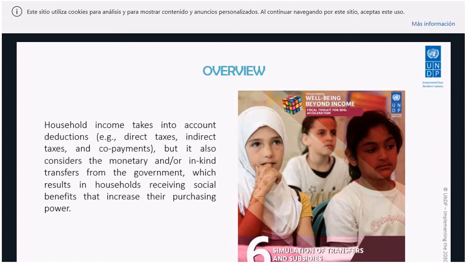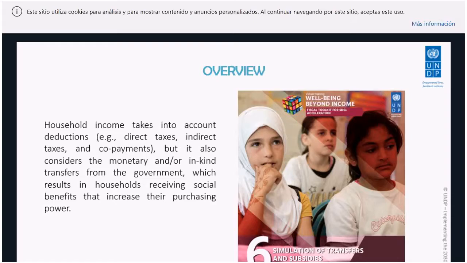So household income is composed not only by the amount of money they can receive from remittances, from the labor market, or from donations from family members or other households, neighbors, etc. Especially within poor populations, and depending on the country, the amount of household income that is accounted for social transfers could be significantly higher, as much as, I don't know, 30%, 40%.